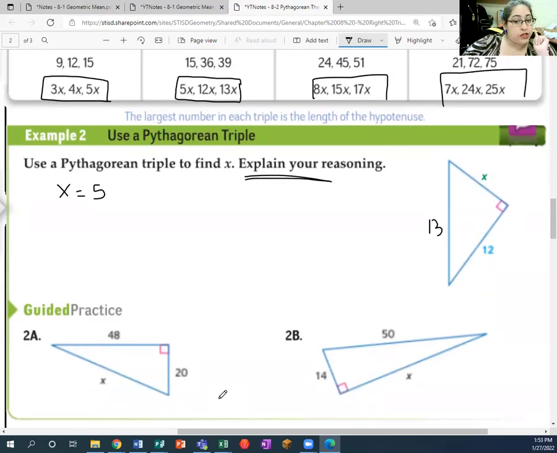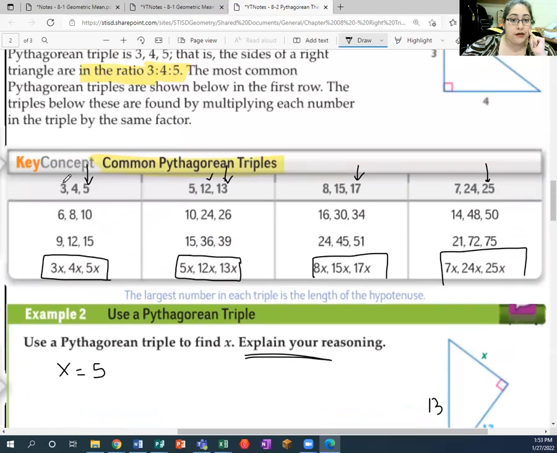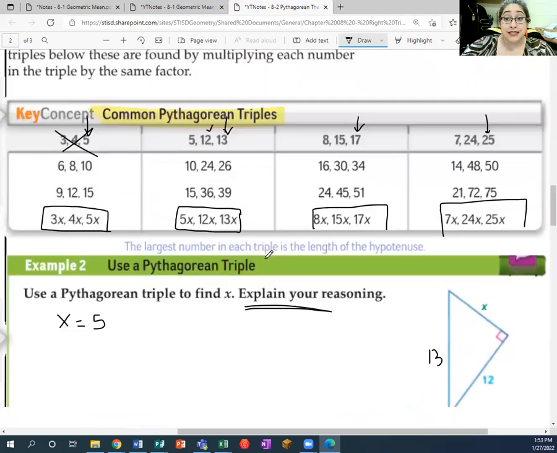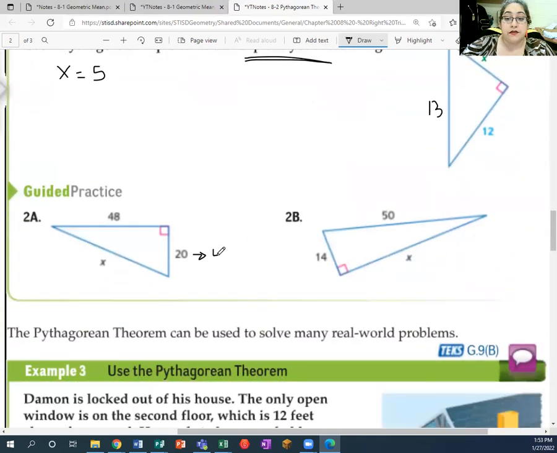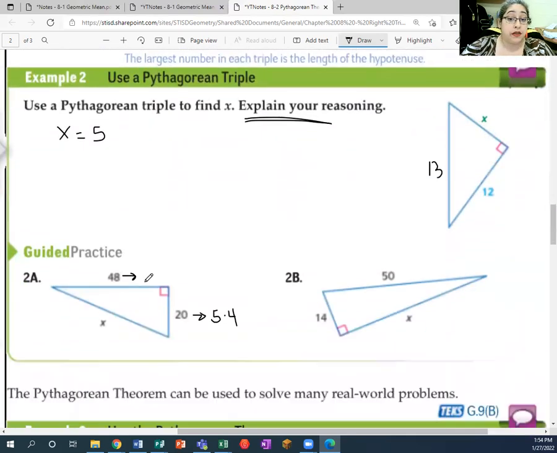All right, so what I'm going to do is I'm going to think about 20, it's the smallest side. 20 is not divisible by 3, so it can't be this one. But 20 is divisible by 5, so maybe it's this one. So I'm going to think of 20 as 5 times 4. All right, if it is this particular triple, then the next biggest side is going to be 12 times something.